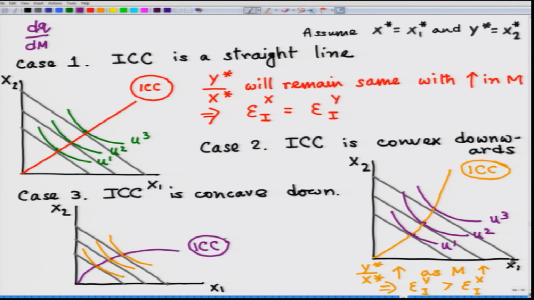When is that possible? Now, a concave to origin ICC means that the ratio of optimal consumption of y and optimal consumption of x is falling as m increases. So, this is possible when the income elasticity of demand of commodity x, actually we can write 1, is greater than 2.